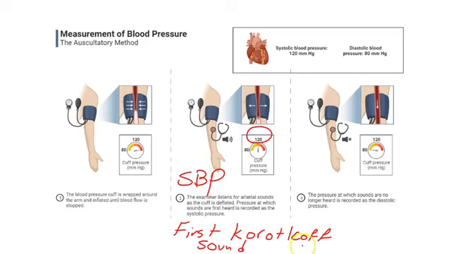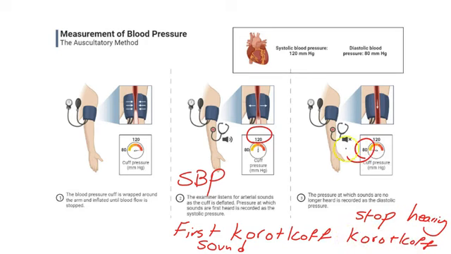And then the diastolic pressure is taken when you stop hearing the Korotkoff sounds. That number would be our diastolic blood pressure.